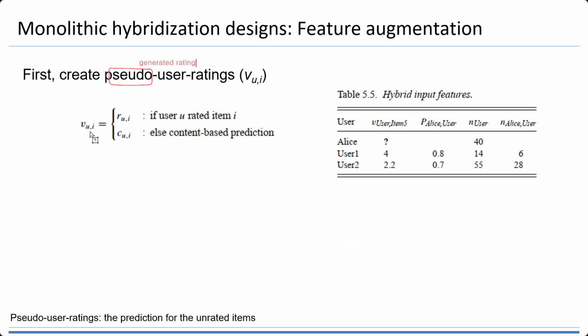The rating will be V. This pseudo user rating is the prediction for the unrated items. It is R if user U rated item I. So if there is a rating, then we will just use the rating. But if it is not available, then we do the content-based prediction, so we will use the C.